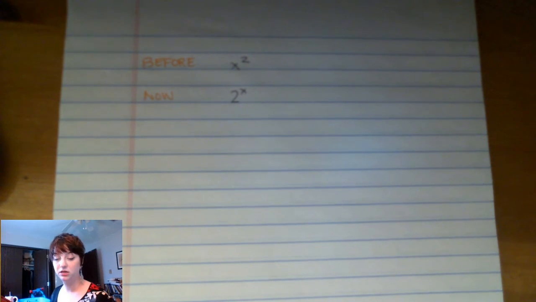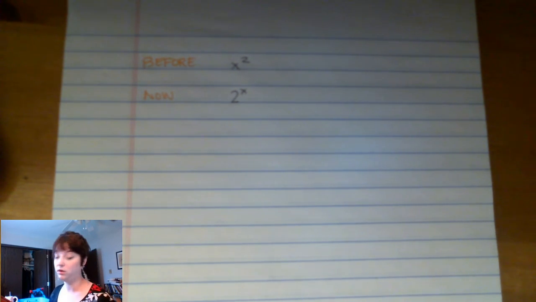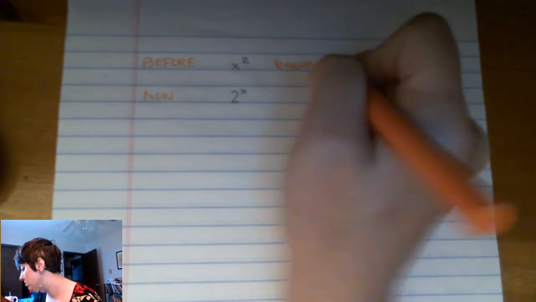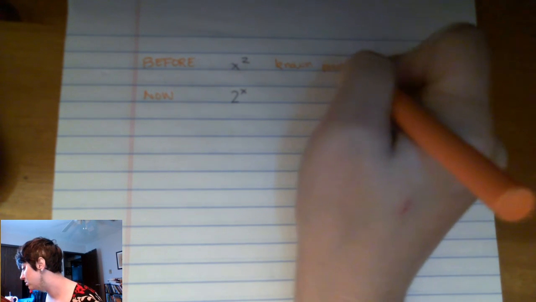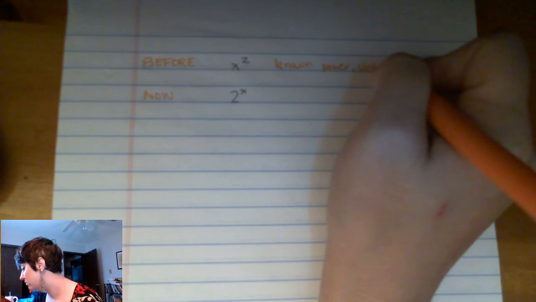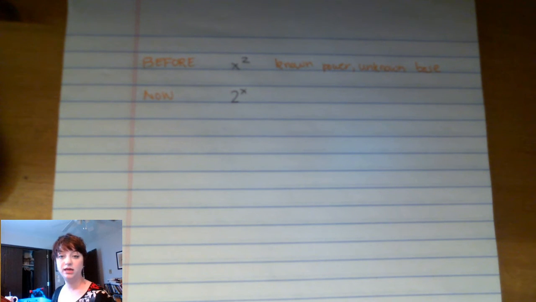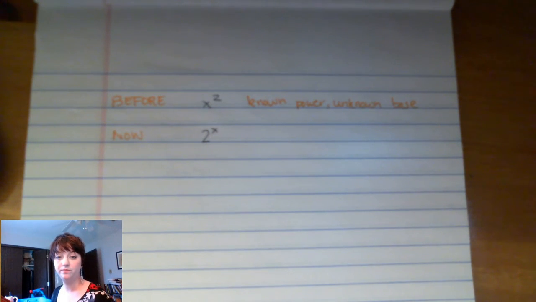Everyone's fairly comfortable with x squared, and 2 to the x is pretty simple to graph. We're going to be graphing that in a second. So before, x squared: known power, unknown base, meaning the thing that I'm raising to a power.